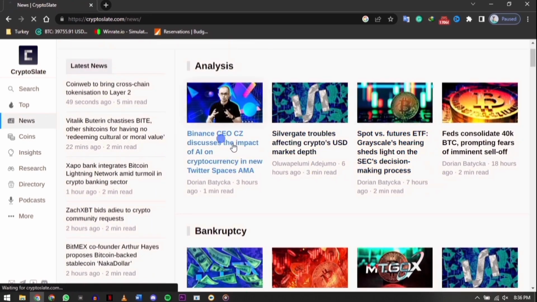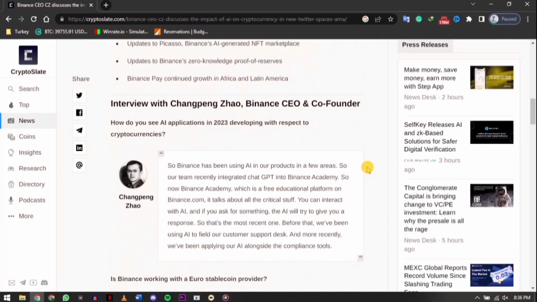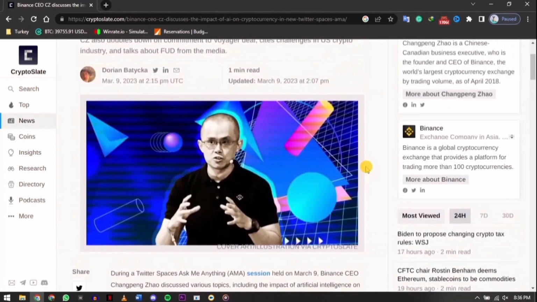It provides you with the latest news, market data, and analysis to help you stay informed and make better trading decisions. By checking out these websites, there are lots of benefits that you're gonna fetch. First, you're gonna stay up to date and you get to know what is the main market trend, regulatory changes, and of course, technological developments. This will help you make more informed trading decisions.